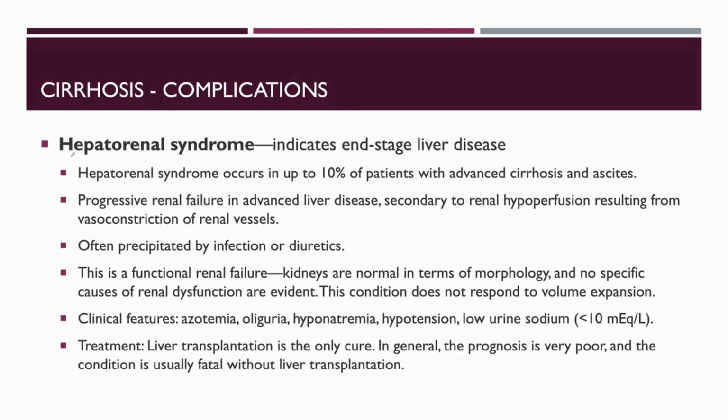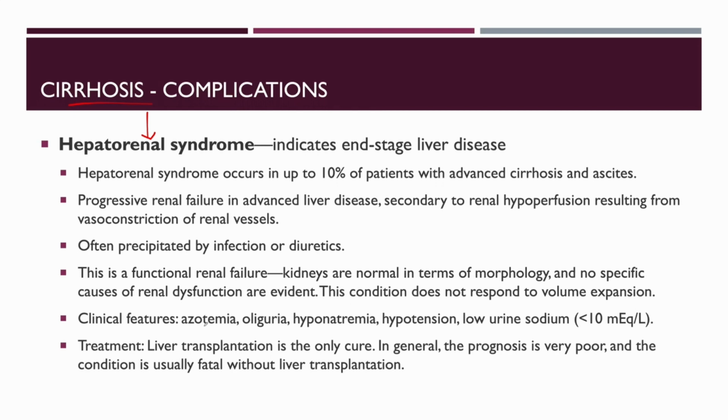Over time, the kidney is progressively getting less and less blood, and the hypoperfusion causes vasoconstriction of the renal vessels and over time renal failure. So essentially, the liver issue is causing kidney failure on top of everything. And it can also cause problems in the lungs as well.